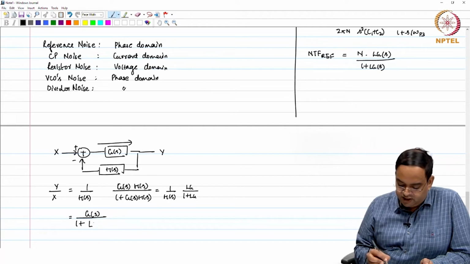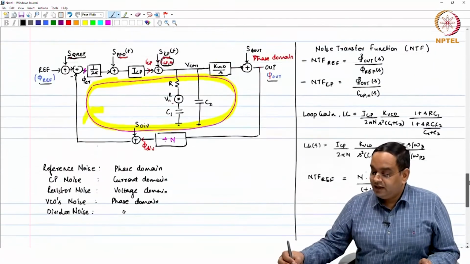Okay. So, this is how it is defined. We are going to use the same thing time and again here.